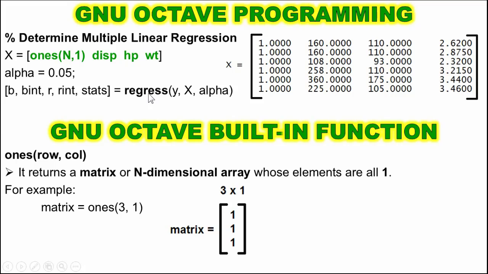This regress will return many results, such as the B polynomial coefficients, the Bint, the Rint, and then the stats.